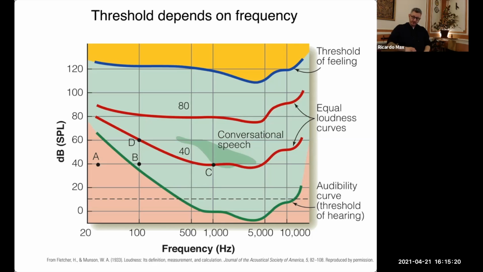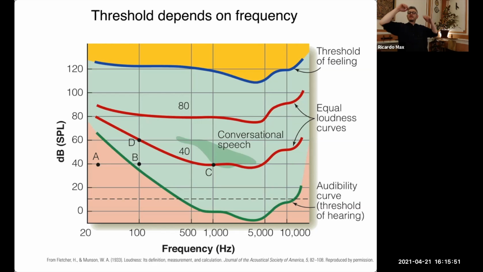No, you cannot, because it depends on the frequencies of the sounds, right? We can see it here. So I said 50 and 60, so 50 here can feel louder if it's here than 60 somewhere here or here, right?